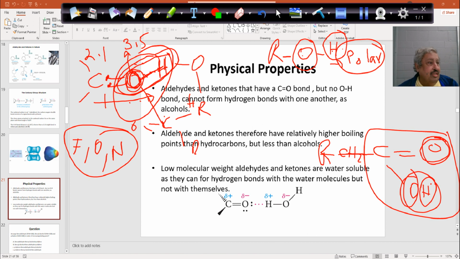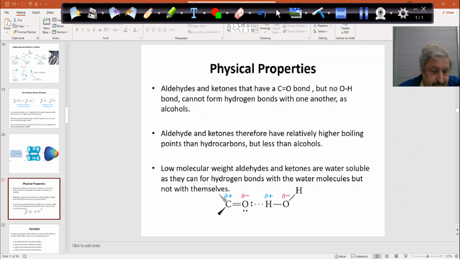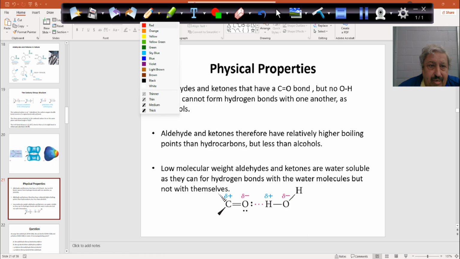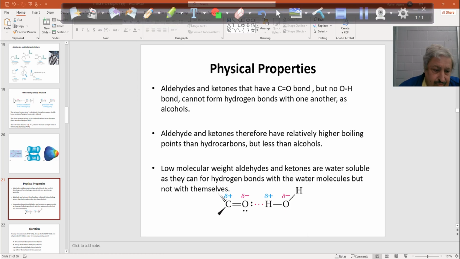So you can see this carboxylic acid's melting point and boiling point are higher than alcohol, higher than aldehyde and ketones, because they can have more hydrogen bonding, correct? So that's regarding the physical properties. And of course, don't forget the physical property of smell. They have a distinct smell of fruits and veggies.